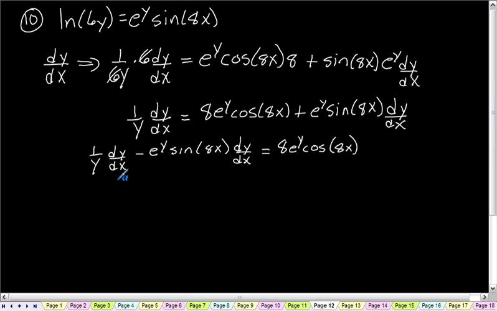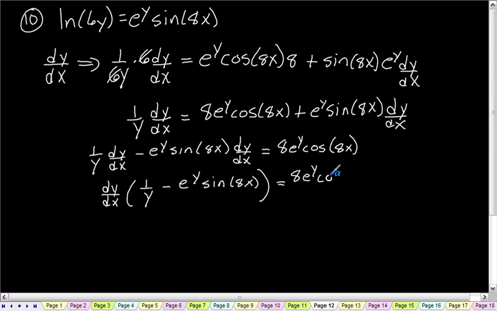Now on this side I can pull out both this dy/dx and this dy/dx. I'm left with dy/dx times, on the inside, 1 over y minus e to the y sine of 8x, is equal to 8 e to the y cosine 8x.